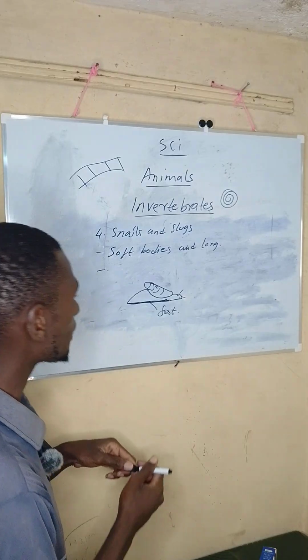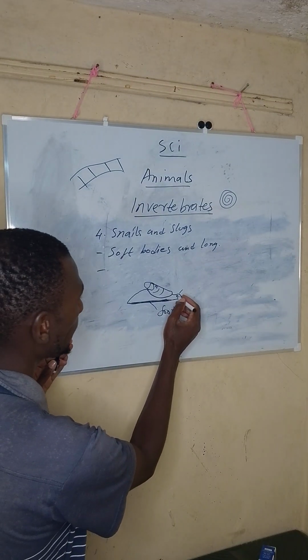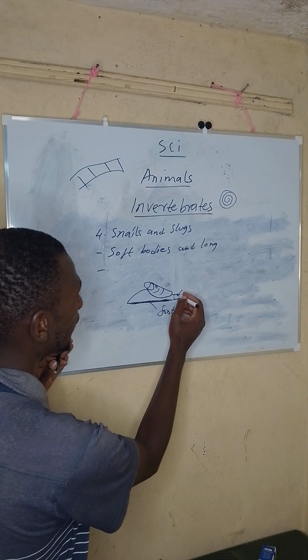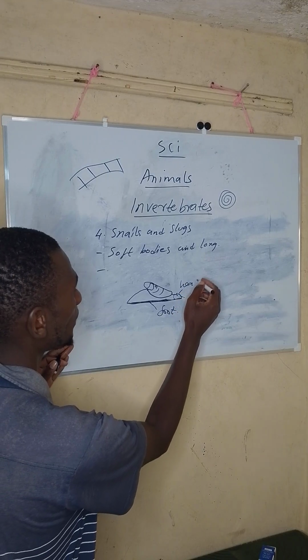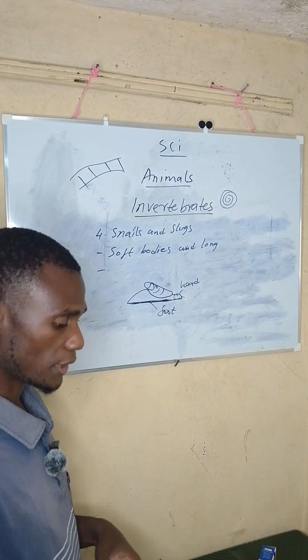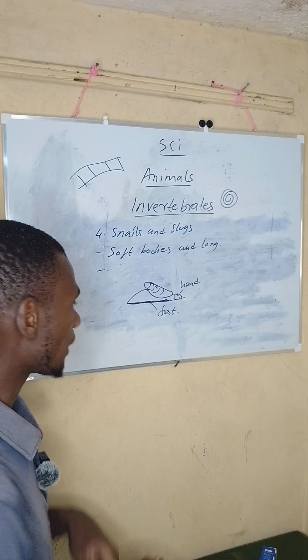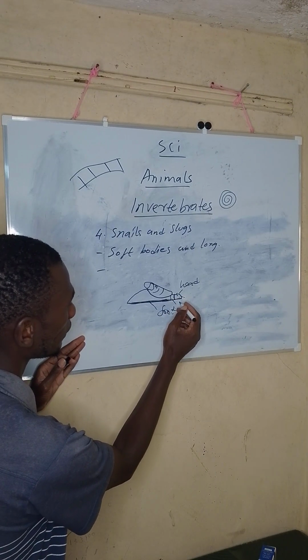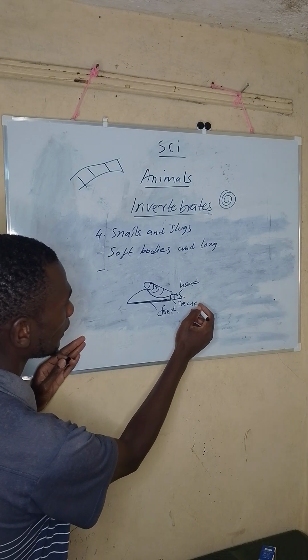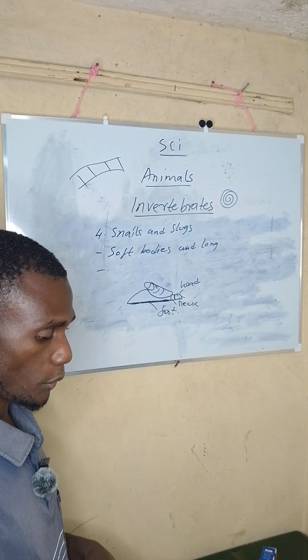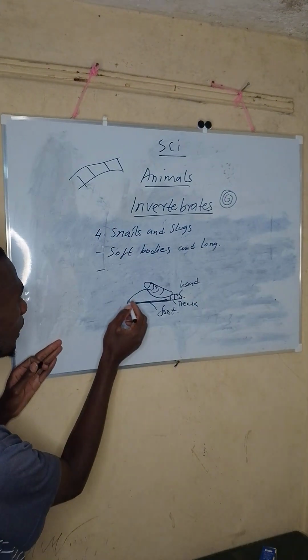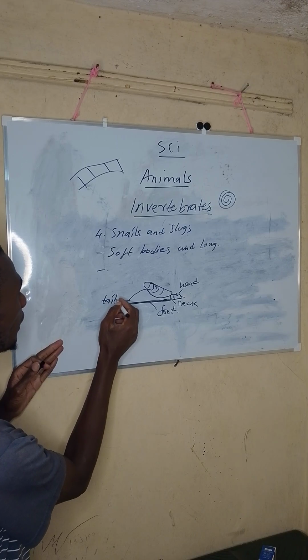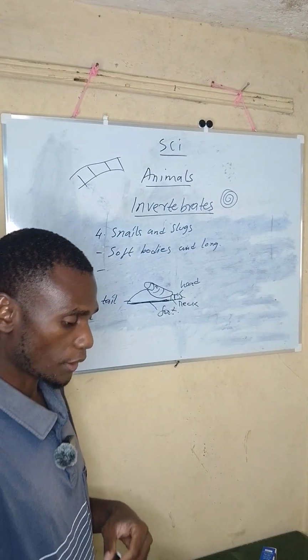So these 5 body parts of a snail are these. We have this part called the head. That is the first part of the snail. We also have the neck. Immediately after the head, there's the neck here, the second part. We also have the tail, the third part of the body.